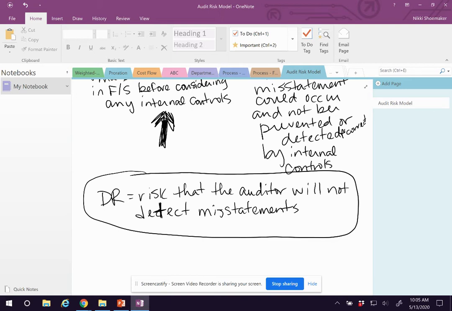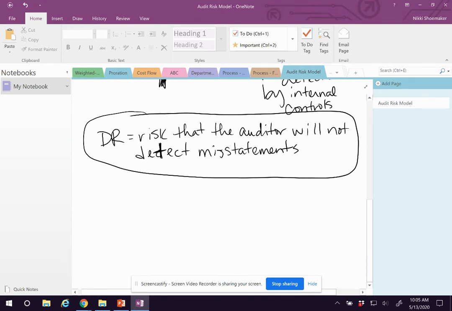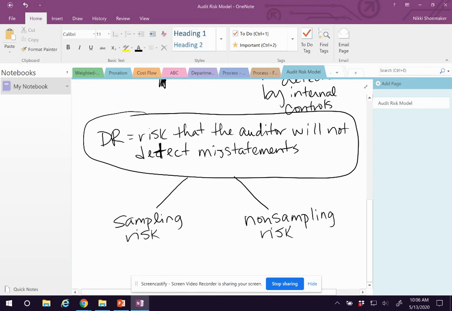Now, as part of detection risk, right, we said one is that we didn't sample enough, right? So that is sampling risk, that we didn't sample enough or we didn't get the right sample, okay? Then we also have non-sampling risk. Non-sampling risk is the risk that we came to the wrong conclusion.